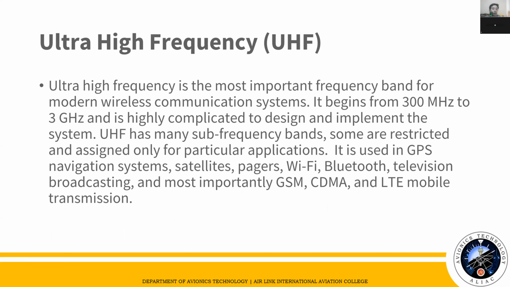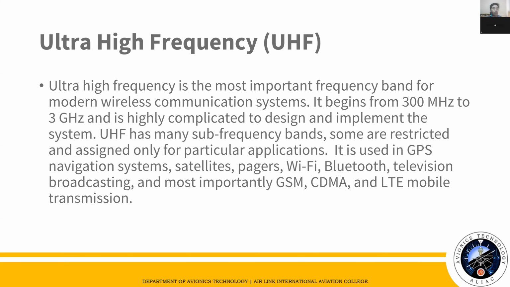The ultra high frequency is from 300 megahertz to 3 gigahertz. This is important for modern wireless communication systems. It is used in GPS navigation systems, satellites, pagers, Wi-Fi, Bluetooth, television broadcasting, GSM, CDMA, and LTE mobile transmission.